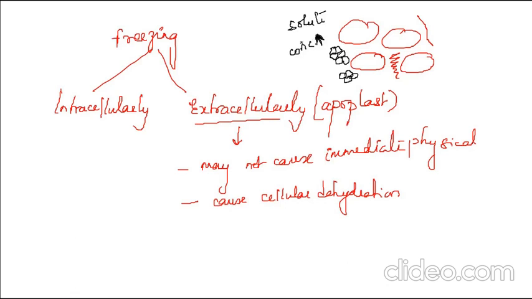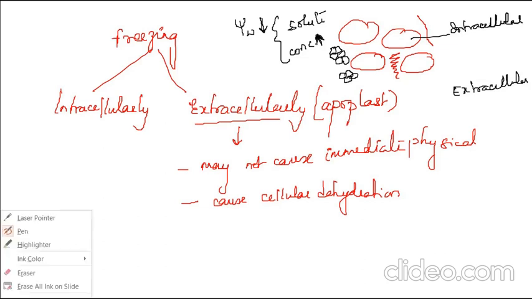Now when solute concentration increases, the water potential, whose symbol is psi W, decreases. This region is the extracellular region, and inside the cell is the intracellular region. So the free water is not available, causing the water potential to become negative.